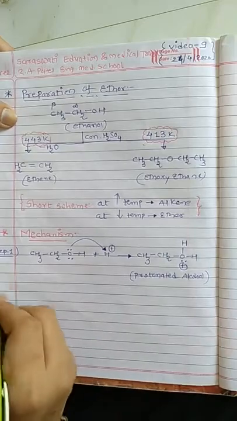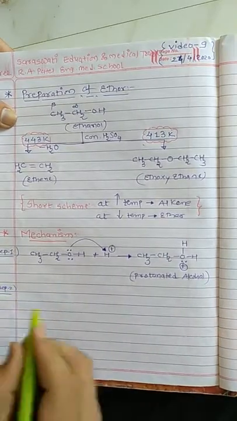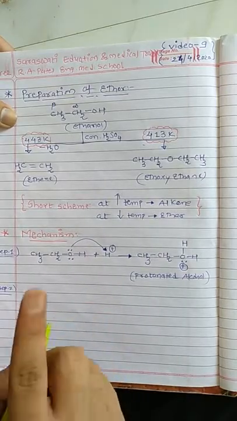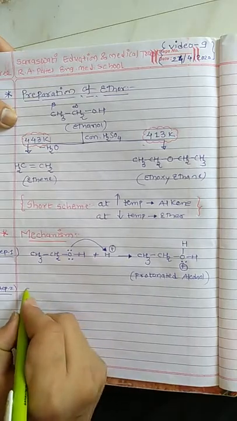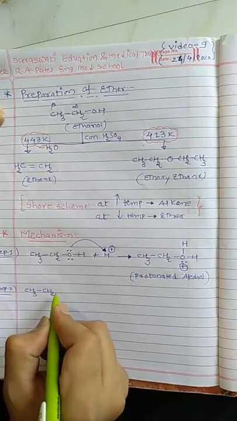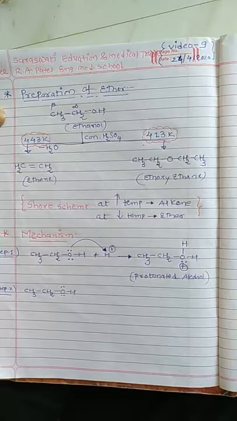Now in step number 2, this protonated alcohol reacts with one more mole of ethanol. So I will write ethanol over here, CH3 CH2 OH. This is our ethanol.